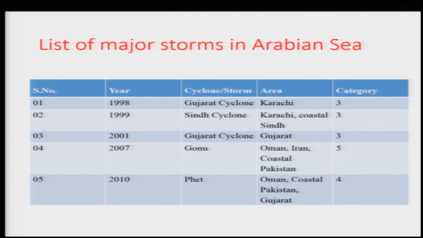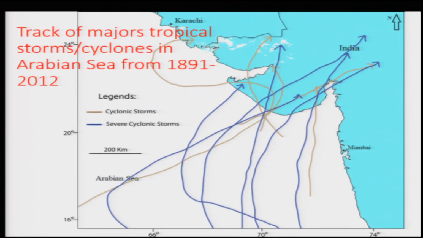We also looked at the storm records this region has previously experienced, not only in Kutch but also in the areas where landfall was experienced, in Karachi and Oman and so on.